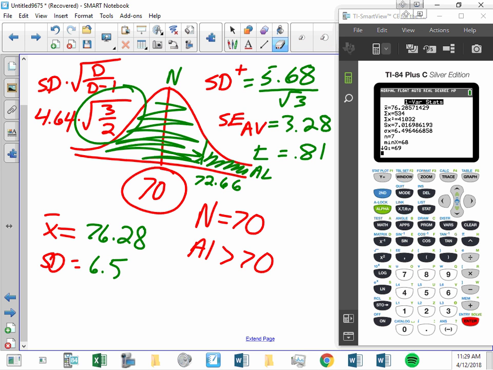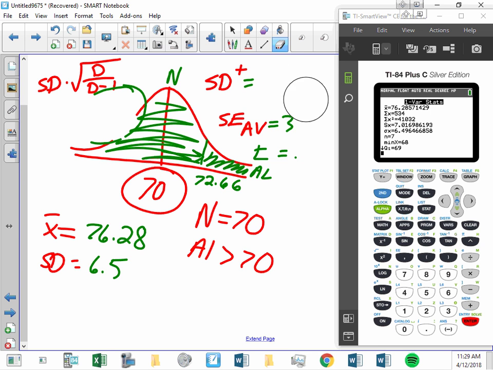So now I need to create my SD plus. How do I create my SD plus? 6.5 times the square root of 7 over 6. Is this SD going to grow at the same rate that my last one did? No, because 7 over 6 is smaller than 3 over 2.